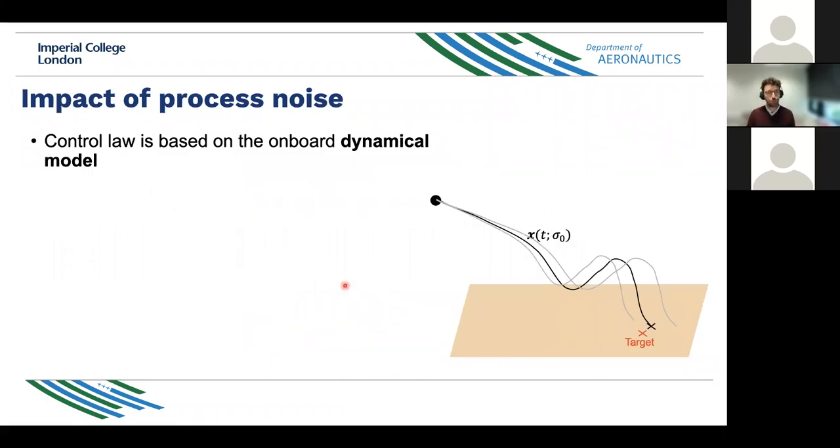However, to compute the control history, of course, we have to have a dynamical model, so an idea of the dynamics that the spacecraft will encounter during the descent. If the dynamical model doesn't correspond to what we have on board, then we will have different trajectories for the same control history.